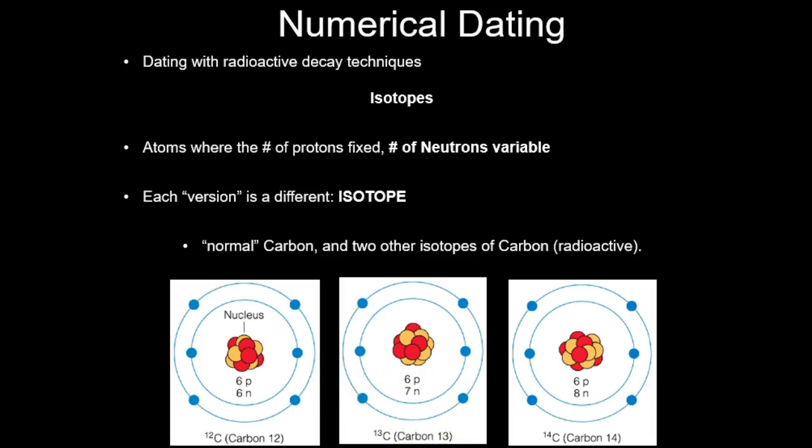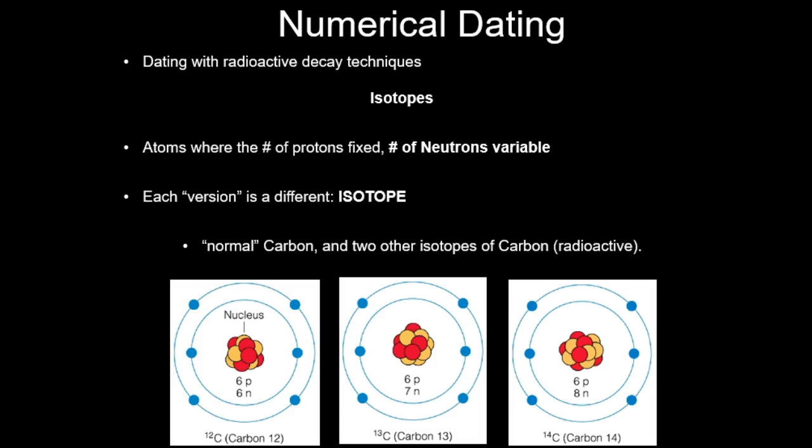So, for example, carbon has 6 protons, so its atomic number is 6. It typically also has 6 neutrons, making the mass of carbon 12. However, sometimes it's going to have 7 neutrons, in which case the mass is 13.